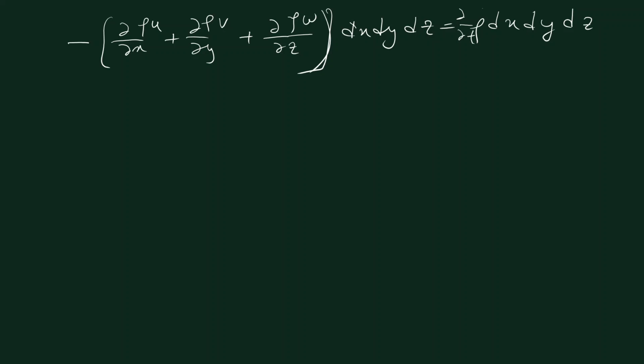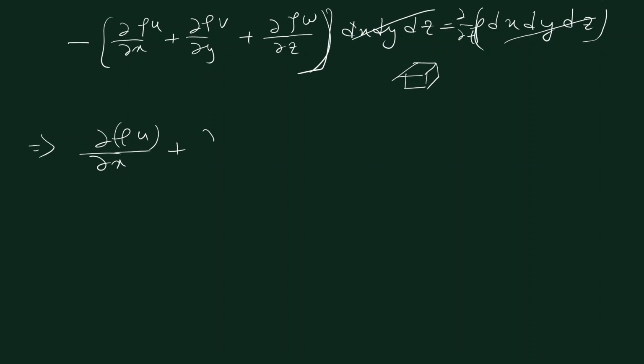Now dx dy dz on both sides can be cancelled, because these are not variables, these are just constant quantities, which is the dimension of the control volume. So the simplified form of the continuity equation is del x of rho u plus del y of rho v plus del z of rho w plus del rho by del t is equal to 0.